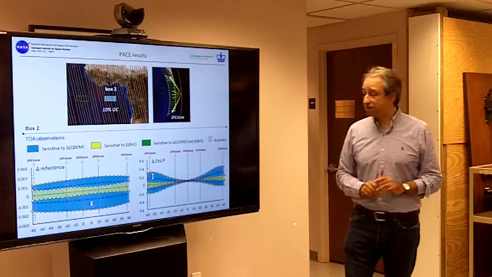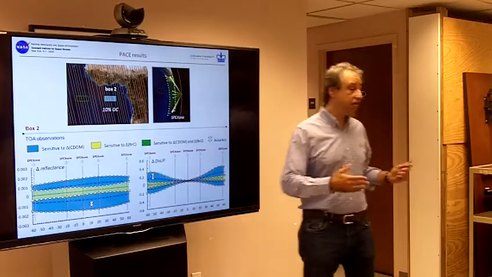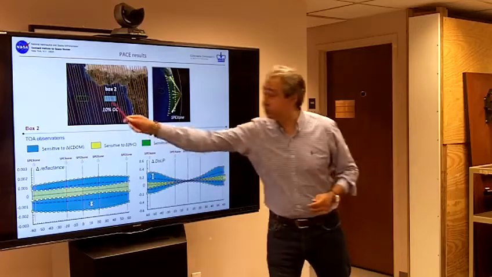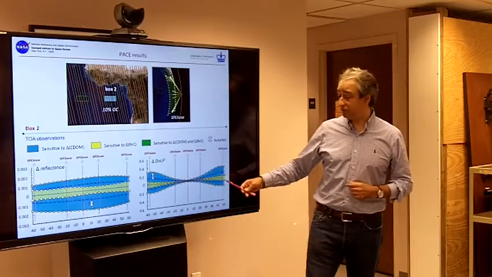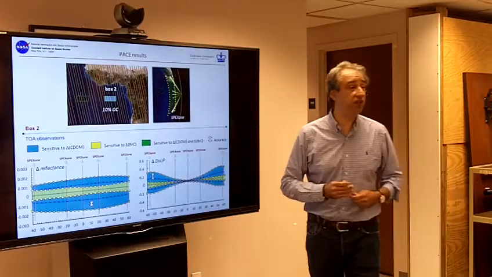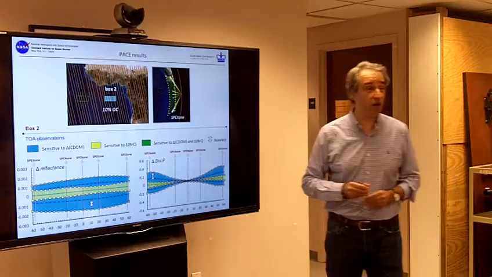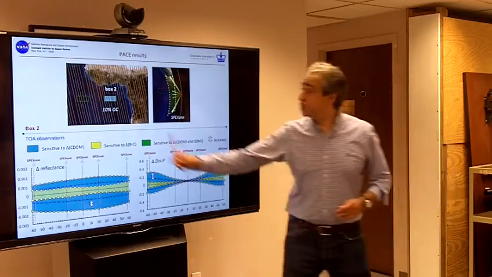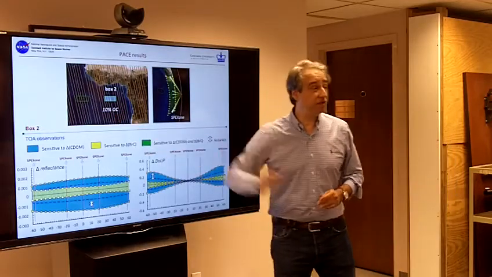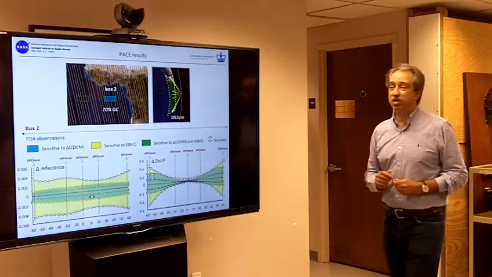You see also less optimal situations for the degree of linear polarization as compared to box 1 for 10%. But still, you see that there is much more blue than green, which means more sensitivity to CDOM than to brown carbon. Now, if we change this to 70%, this is what you're getting.